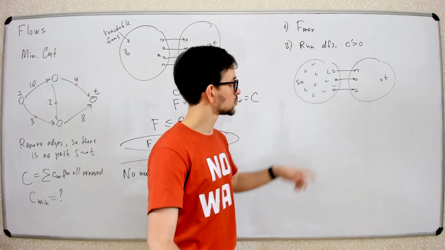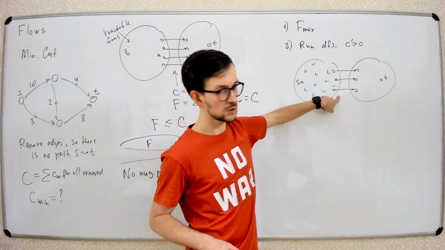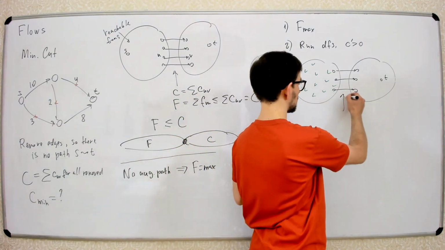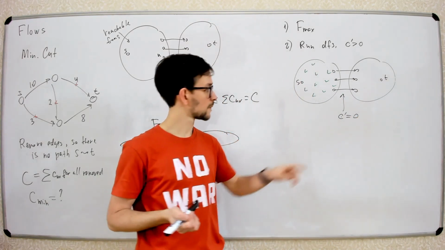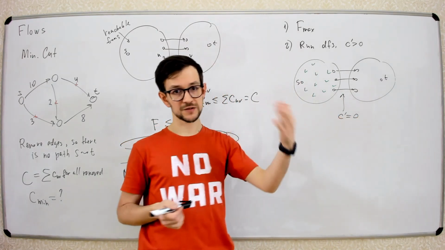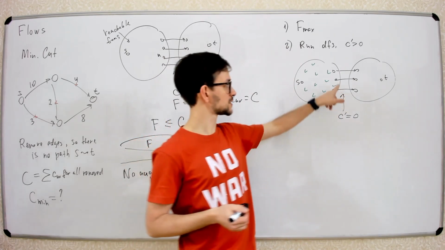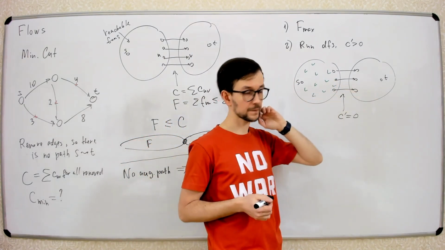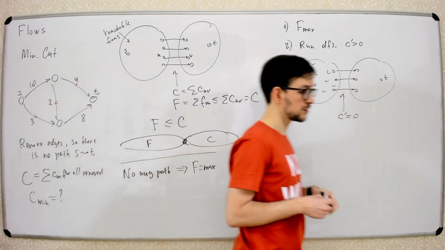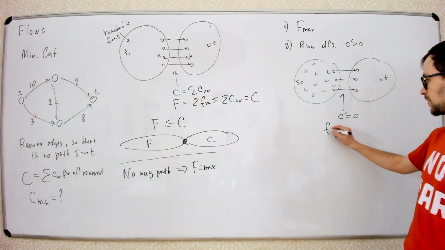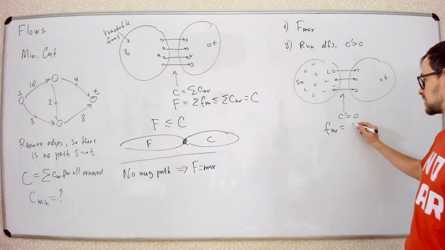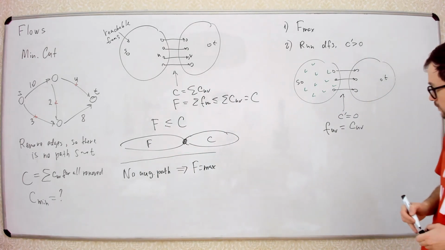So for all these edges, residual capacity must be 0. Right? Because if it is greater than 0, then we will use this edge to go from here to here. What does it mean that residual capacity is 0? It means the edge is saturated. So the flow for this edge is the same as the capacity of this edge.